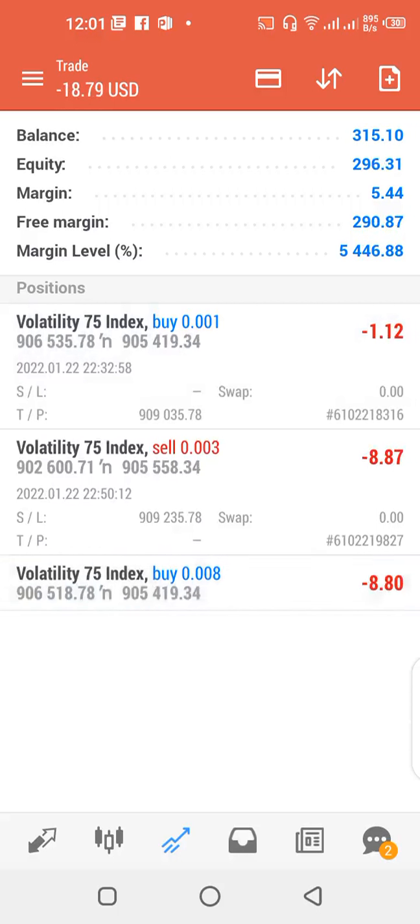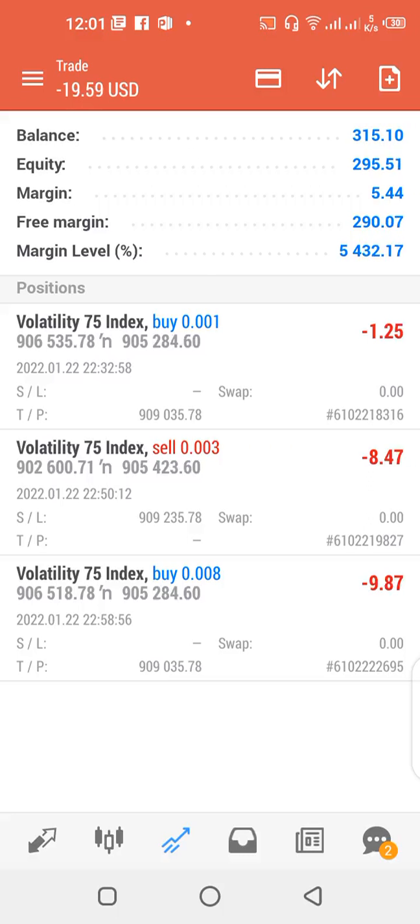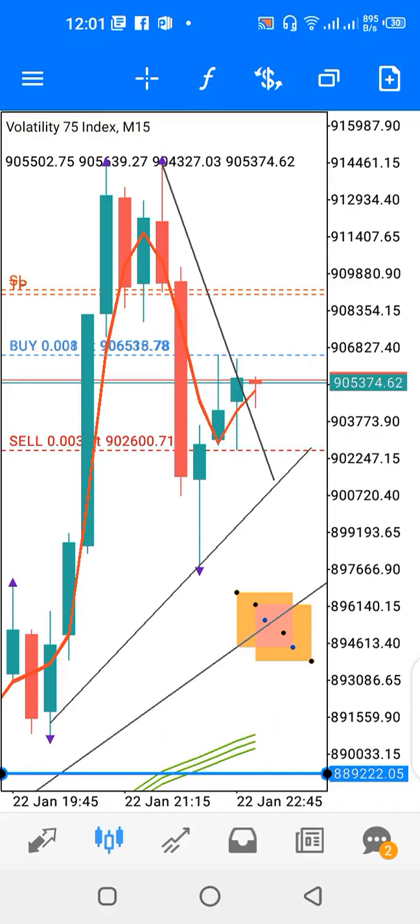Then for this buy trade, we have the TP 909,035.78. So we expect price to continue to go up right now.